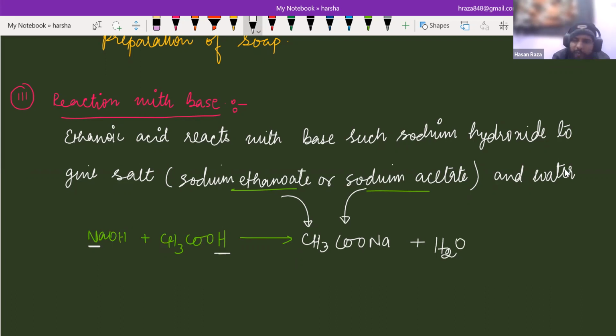As you know from the chapter acids, bases, and salts, when acid and base react with each other, this is your base and this is your acid, then salt plus water forms. So please do write it.